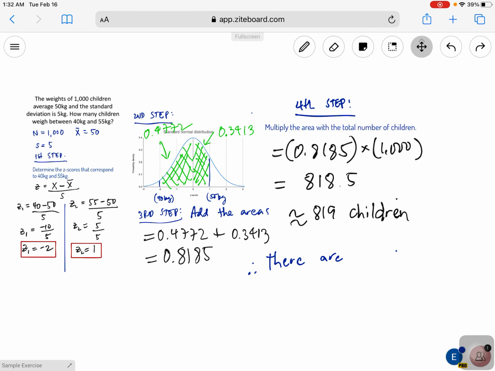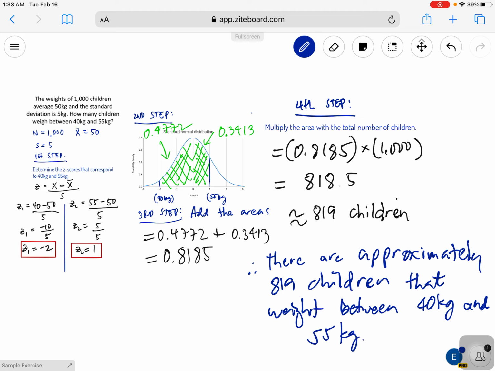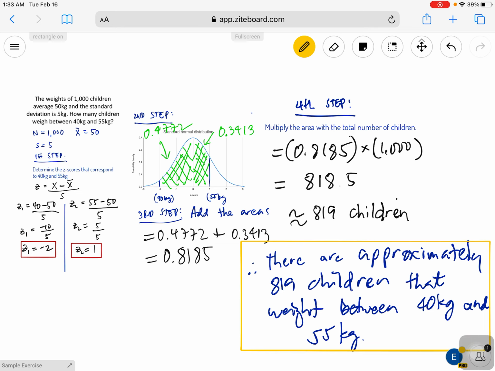There are approximately 819 children who weigh between 40 kilograms and 55 kilograms. And this is now our final answer.